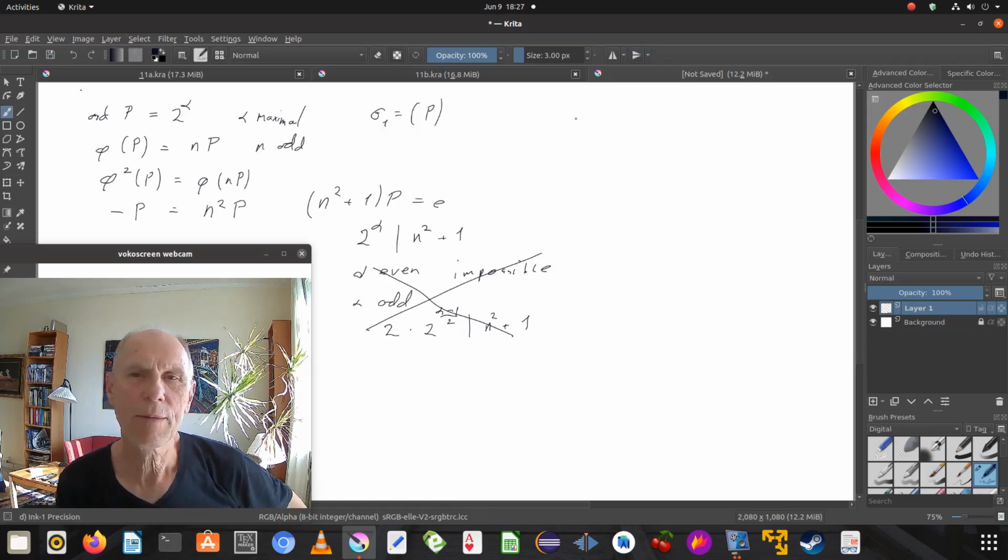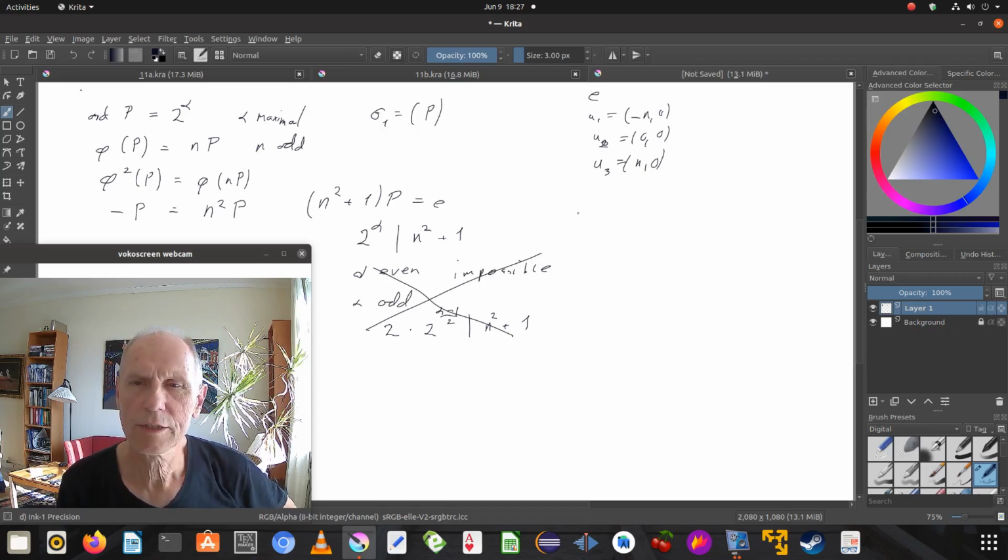We do have some elements of order 2. And of course the unit element itself.